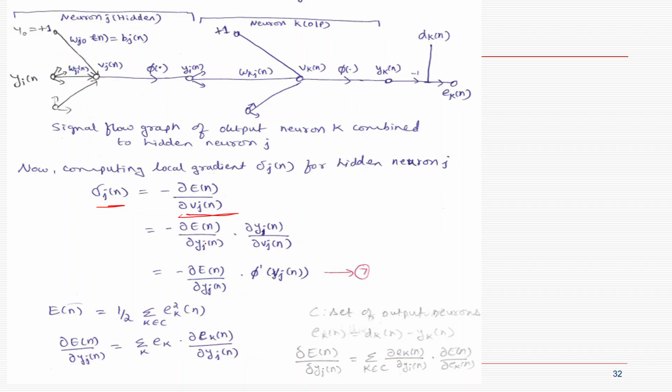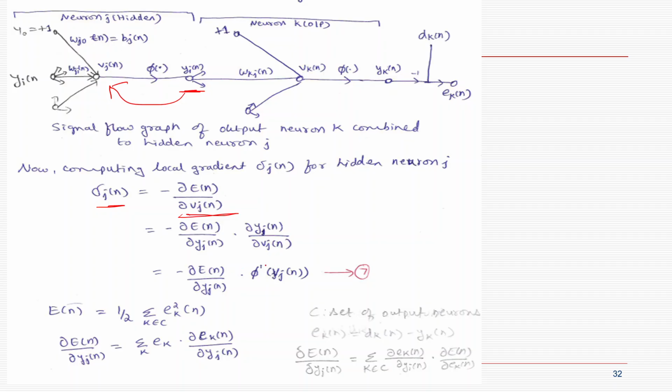And now we can expand this, that is, dou E of n with y j of n and y j of n with respect to v j of n, because we get y from v j, therefore the chain rule.